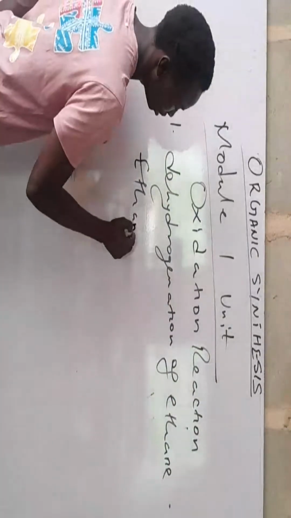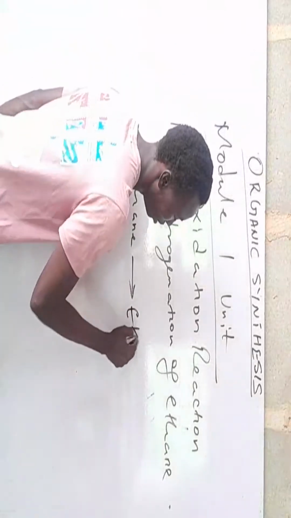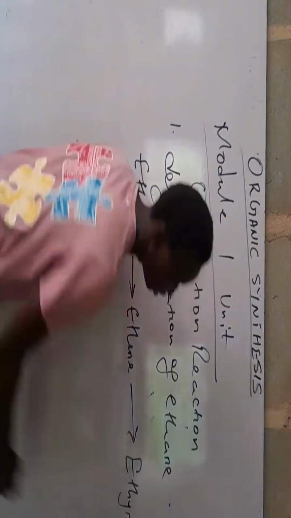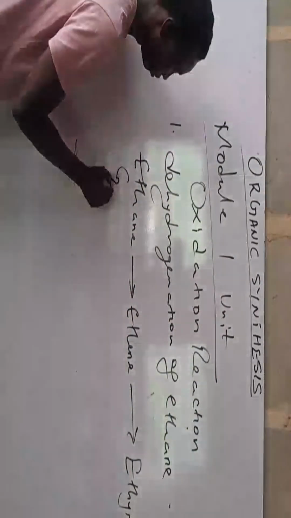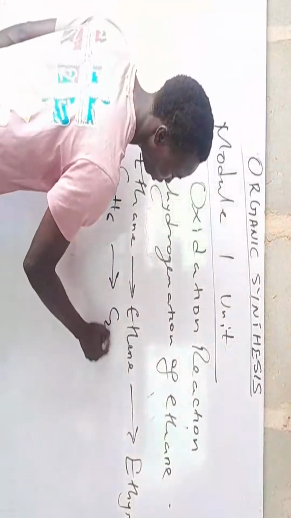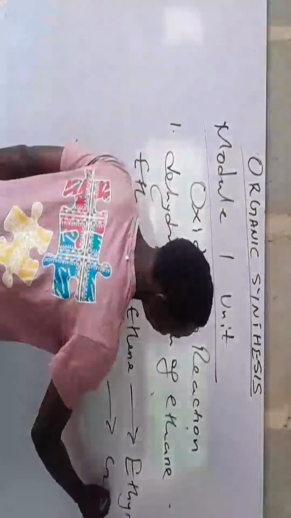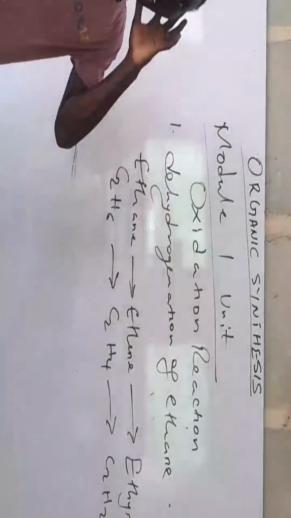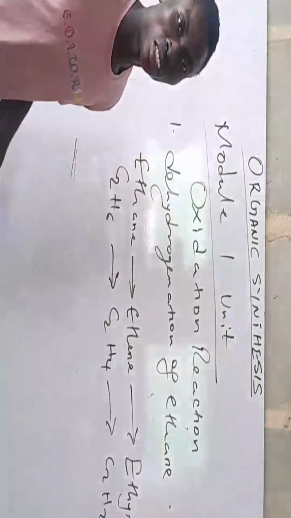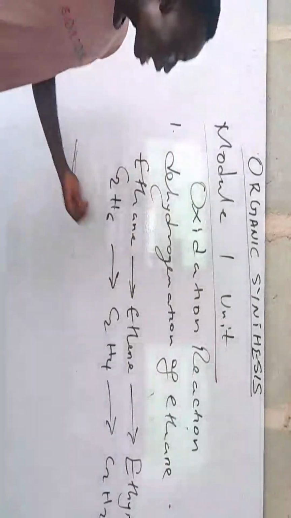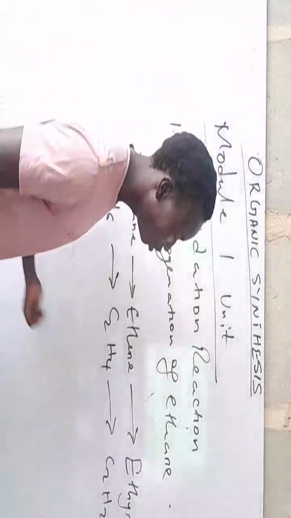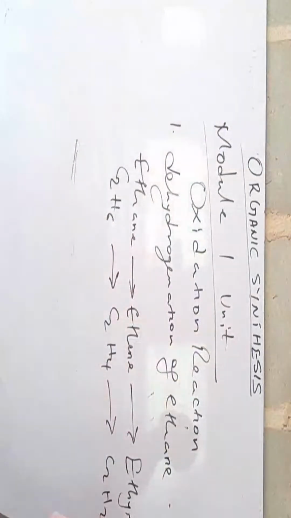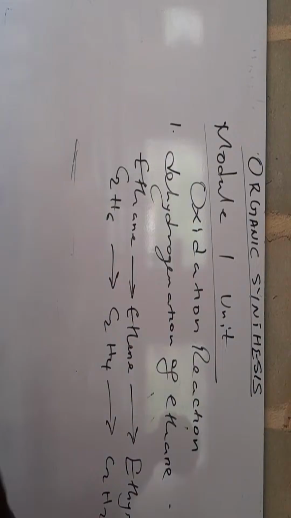Ethane is dehydrogenated to ethene, then further dehydrogenation leads to formation of ethyne. C2H6 reduced to C2H4, reduced to C2H2, respectively. This process is an oxidation reaction as a result of dehydrogenation taking place there. Hydrogen is being removed, two hydrogens removed, and eventually this is the last product we have. That's number one of the reactions that involve oxidation.